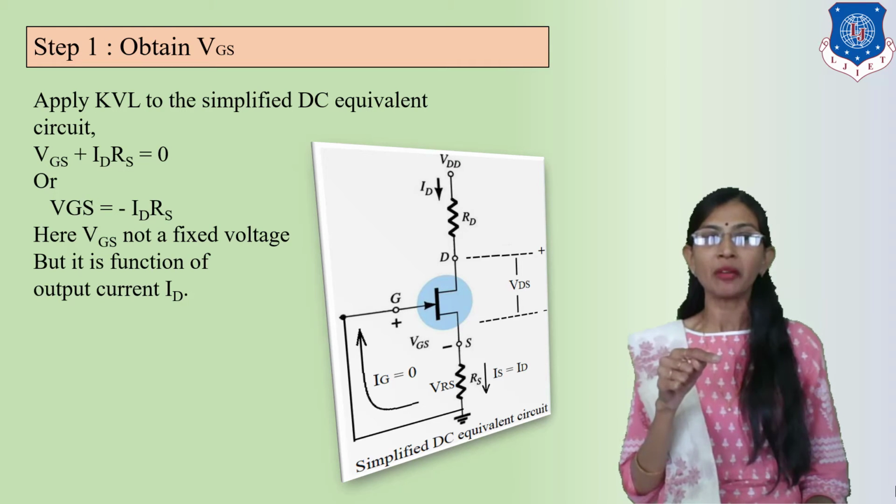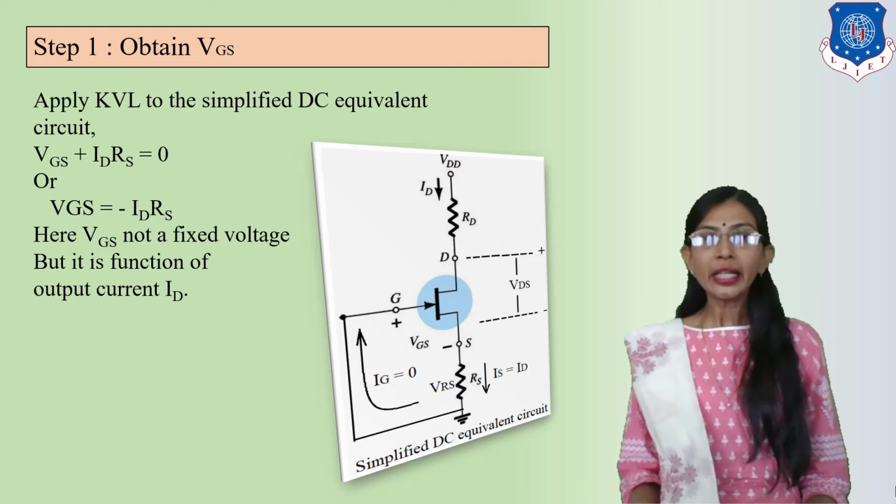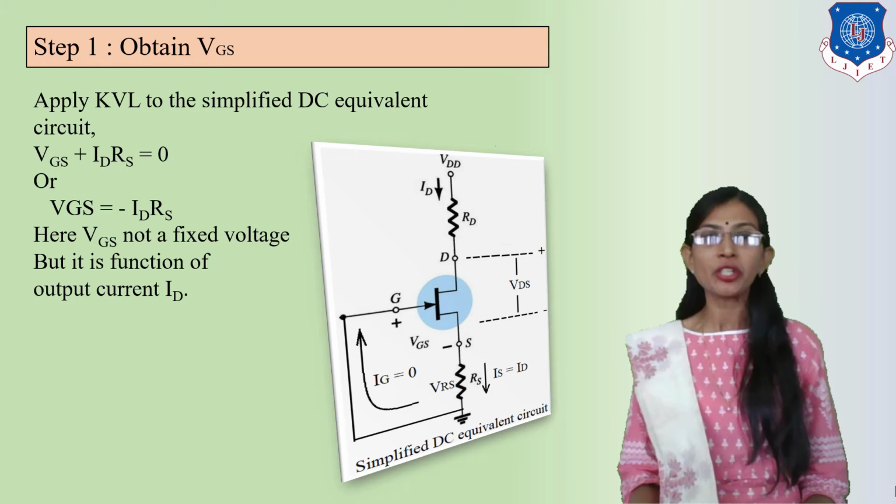If you apply the KVL in anti-clockwise direction in the input loop, then it will be VGS plus IDRS is equal to 0. Right? So let's make VGS the subject, that is the drop between gate and source terminal. So the input voltage drop VGS is equal to minus IDRS from equation number 1. So step 1 is completed.